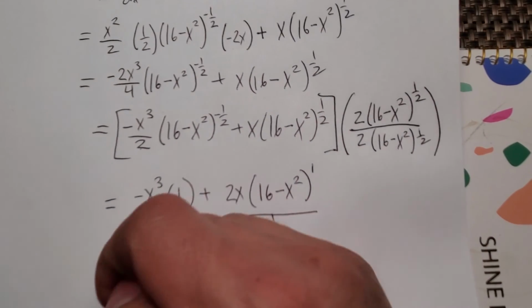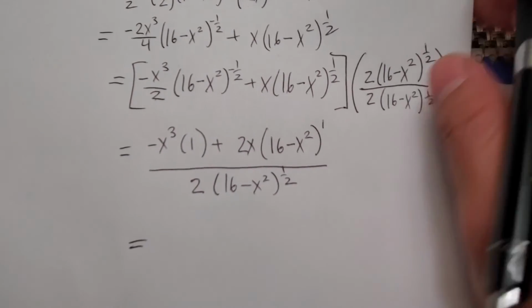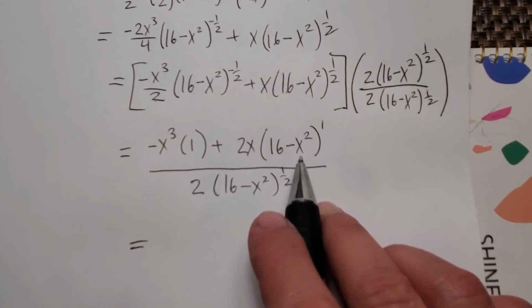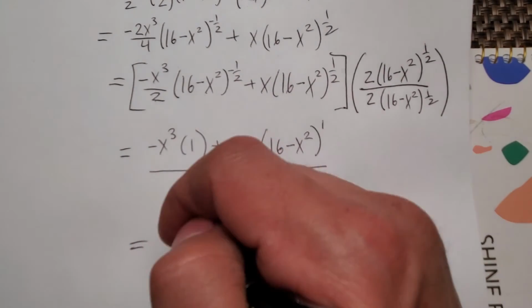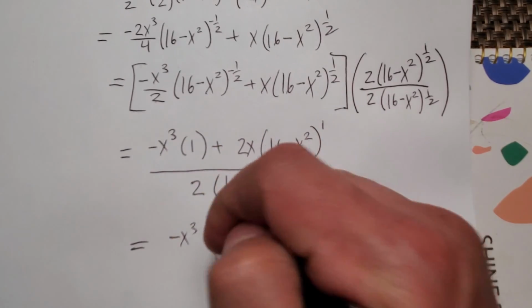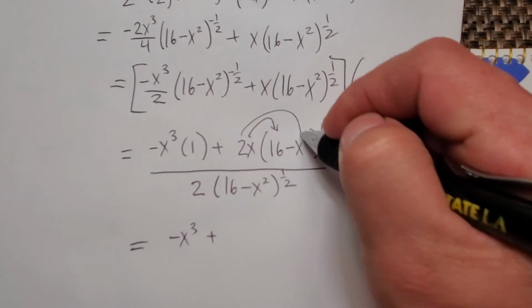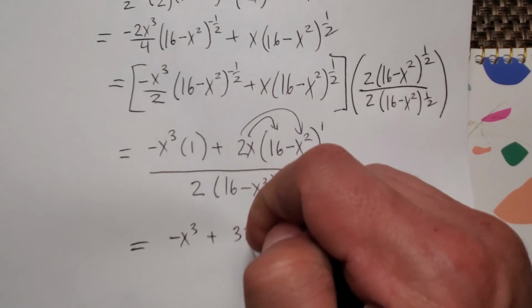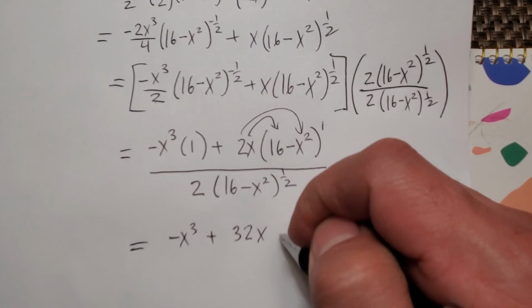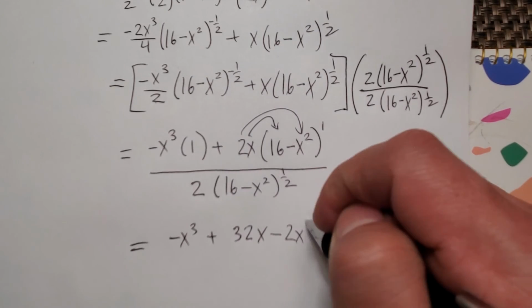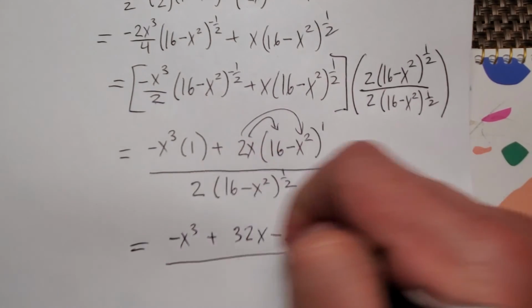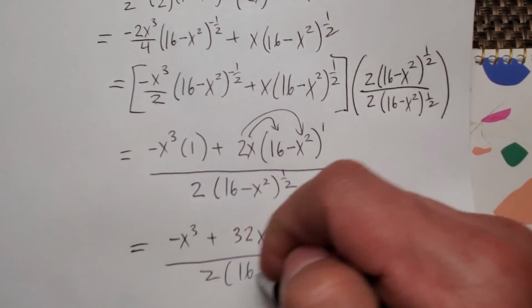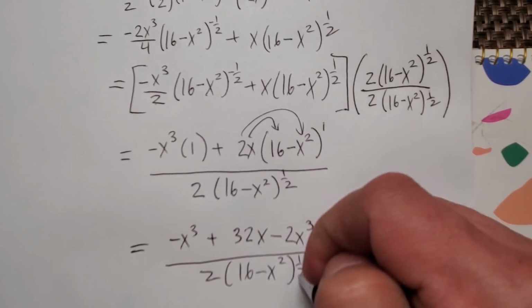Okay, so let's keep going. There are more steps that we can do to simplify the numerator. Negative x cubed times 1 is just negative x cubed. Here we can distribute. 2x times 16 is going to be 32x minus 2x cubed, all over 2 times 16 minus x squared to the 1/2.